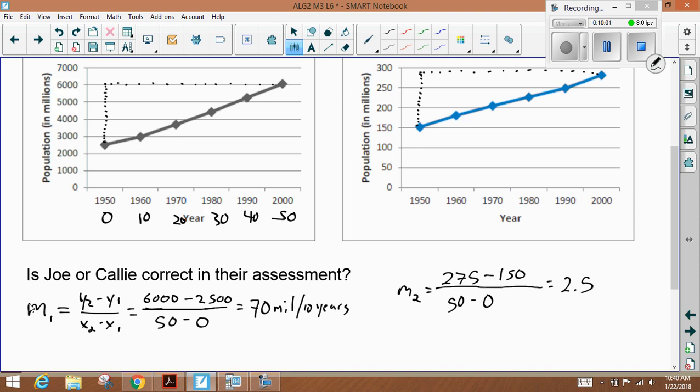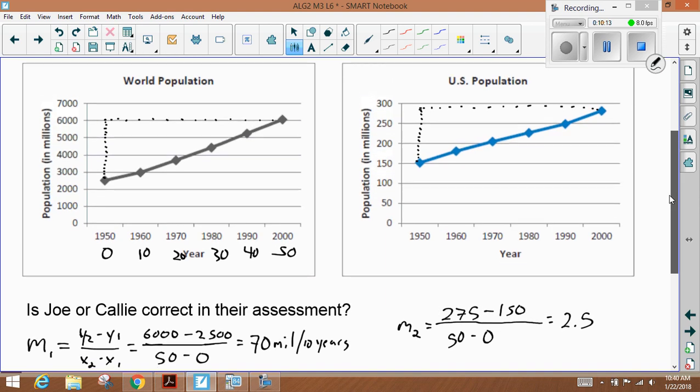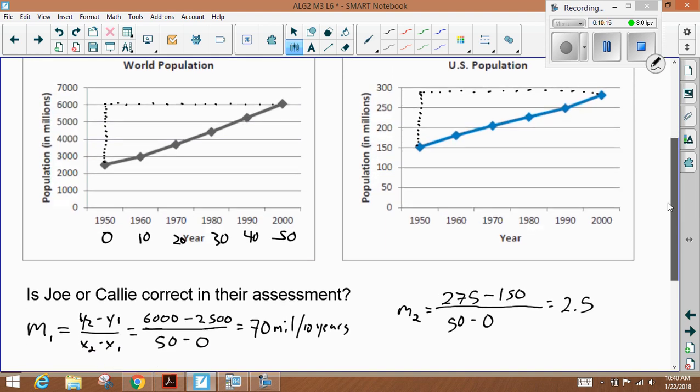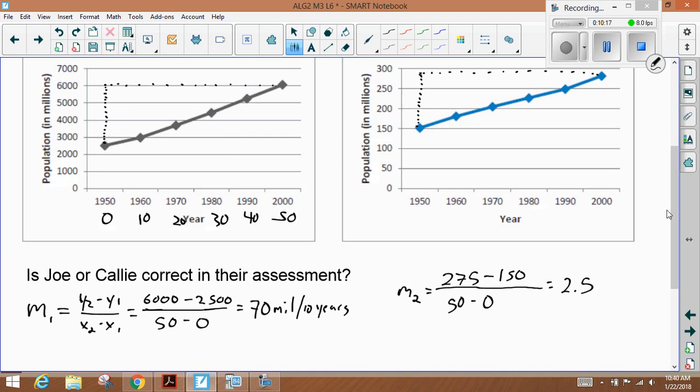So we're saying that, and this is in millions, right? U.S. population in millions. So this is 2.5 million for 10 years, right? Is our rate of change?